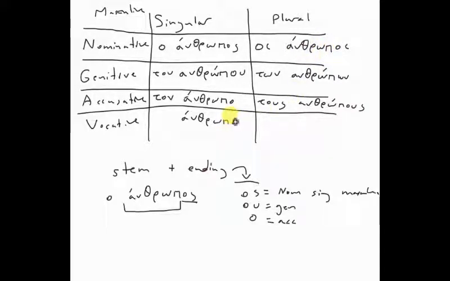The vocative singular in nouns that end in omicron sigma changed to epsilon, but besides that, I think off the top of my head that all other ones are the same as the nominative. So anthropi.